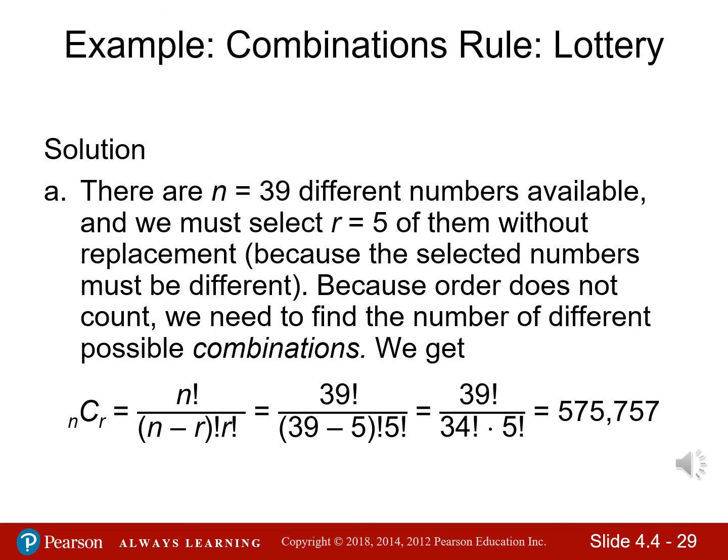We get this as n factorial over n minus r factorial multiplied by r factorial. That gives us 39 factorial over 39 minus 5 factorial multiplied by 5 factorial, and that gives us 575,757 different combinations.